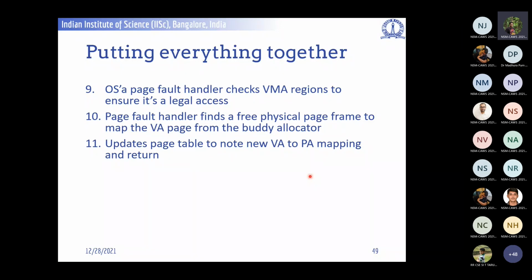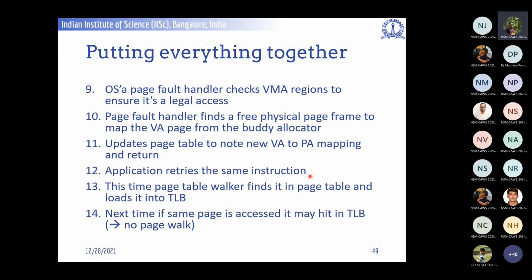If it is, then it will find a free physical page frame and map the virtual page number that you are trying to access to it, by updating the page table. It will then return from there, and the hardware will retry the same load or store. This time it will find the mapping, and so that will complete. This is how the whole process of virtual memory works.